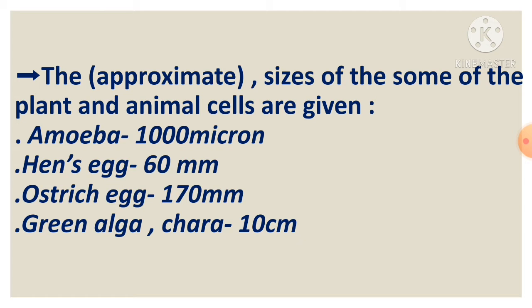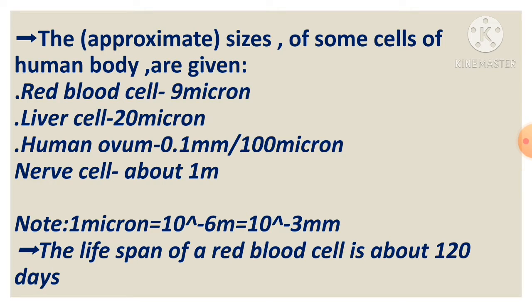The approximate size of some plant and animal cells are given: amoeba 1000 micron, hen's egg 60 millimeter, ostrich egg 170 millimeter, green alga chara 10 centimeter.